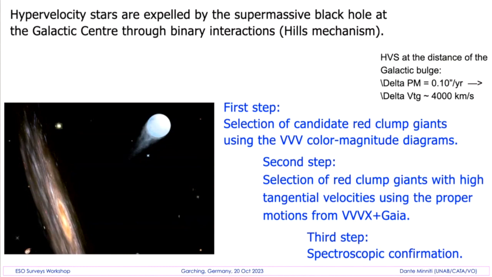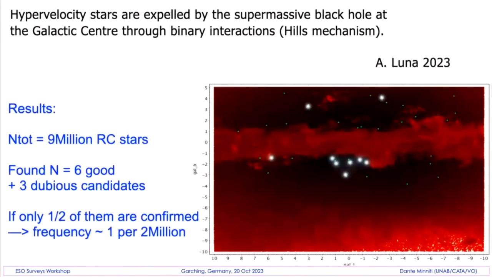And then the final step is spectroscopic confirmation. Of course, the initial search revealed a few candidates, and some were dubious. But let's say if half of them are real, then there is one of these hypervelocity stars per a couple of million stars. So these objects are quite rare, no?